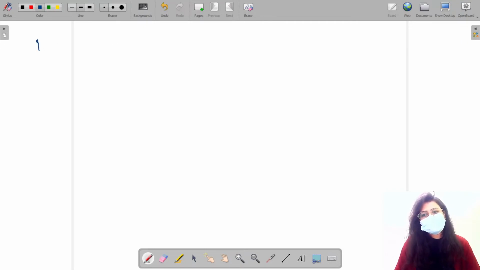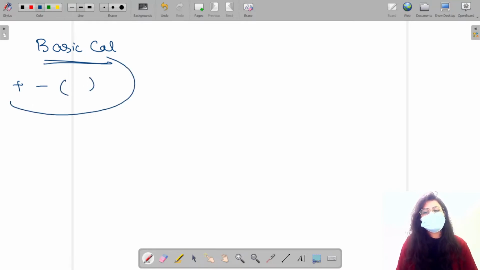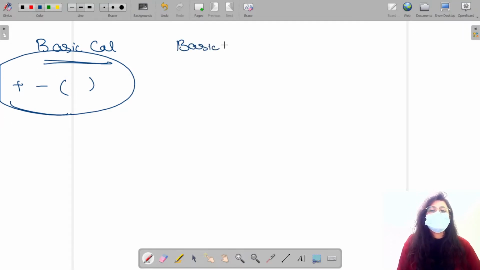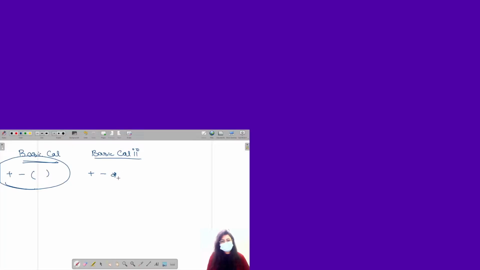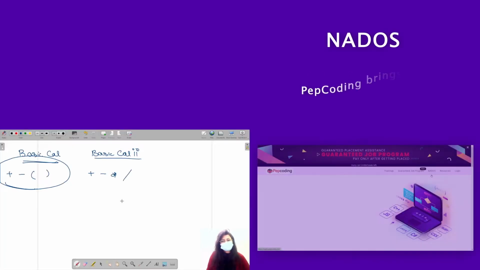In Basic Calculator, there were the operators plus, minus, opening and closing parentheses. We were playing with these operators. Then we came to Basic Calculator 2, in which we were playing with plus, minus, multiplication and division, right?